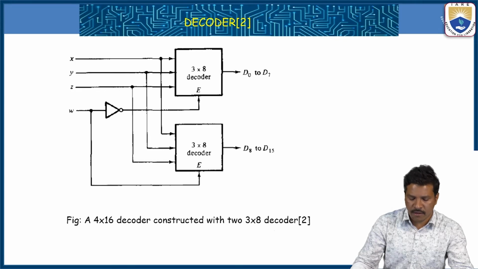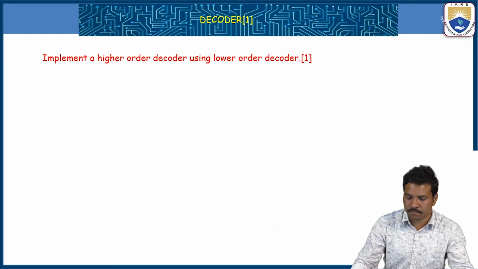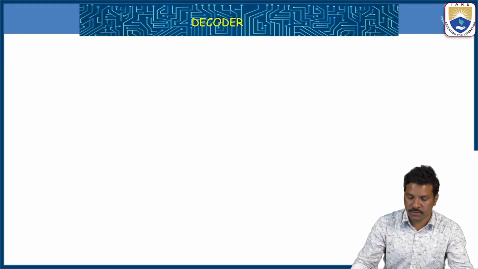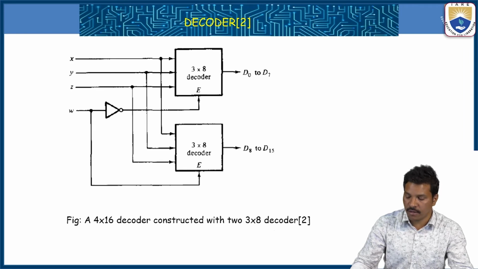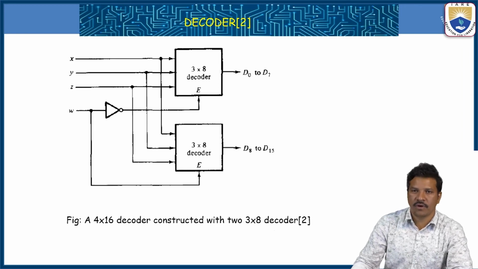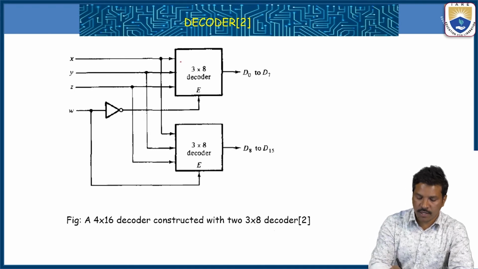design a 4 by 16 decoder constructed with 3 to 8 decoders. This also comes under higher order decoder with the help of lower order decoder. Take the 3 to 8 decoder.